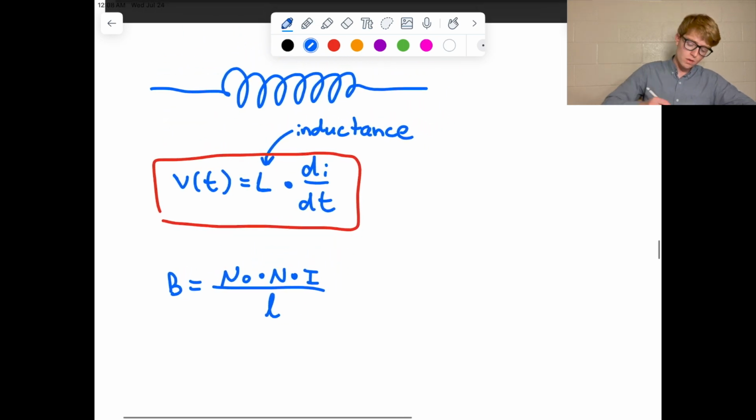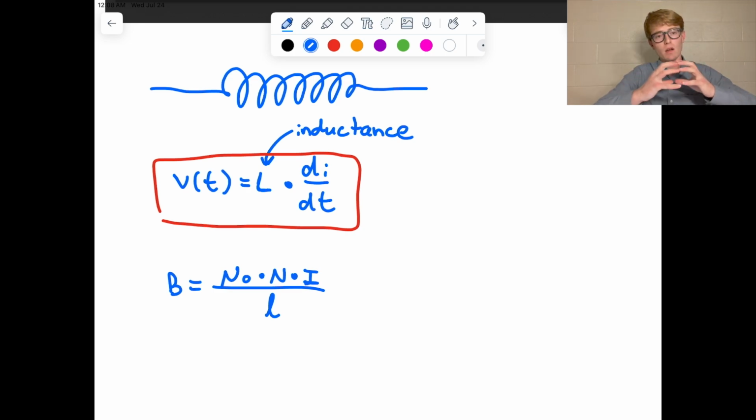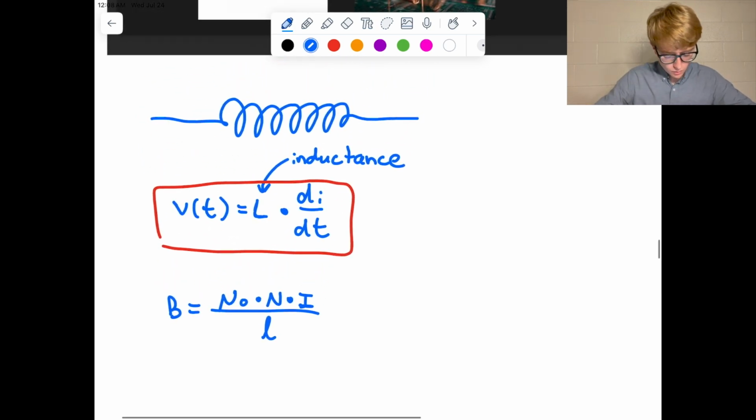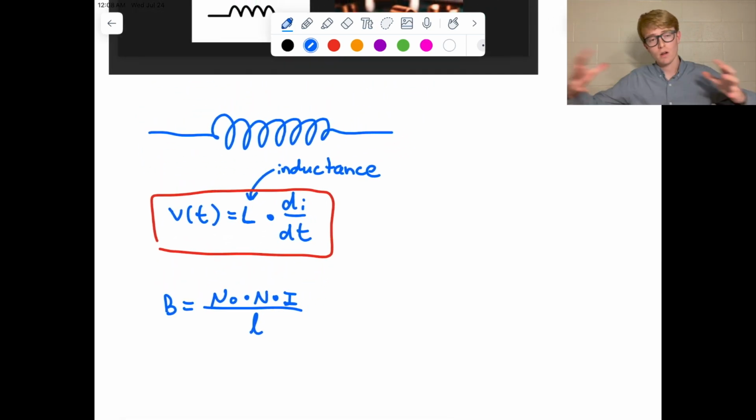The first thing I want to point out is that as my current gets stronger, my magnetic field gets stronger. They're directly proportional. So what I was describing before, where I get a larger current and then my magnetic field expands, makes sense with that equation now.